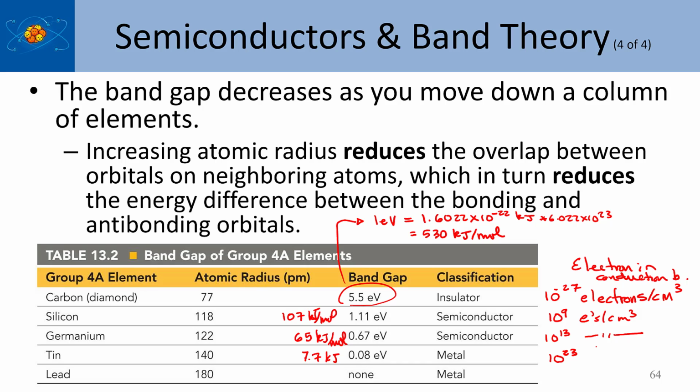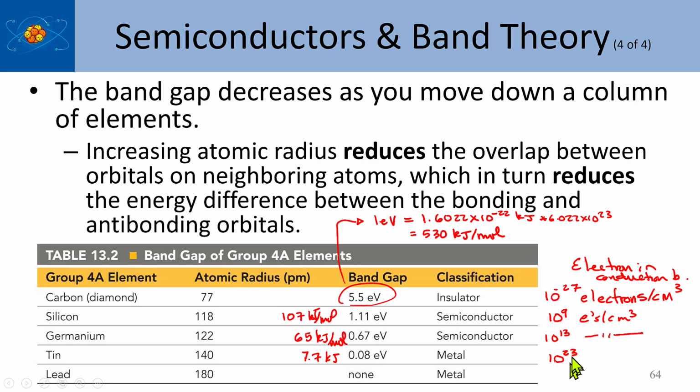And it's on the order of 10 to the 23rd. So basically every atom has more than one valence electron. And as a result, there's a very high charge carrier density in conductors. So tin and lead are essentially both conductors.